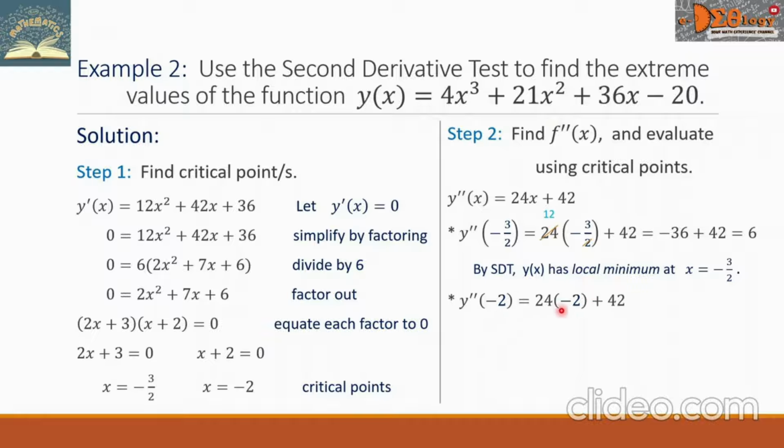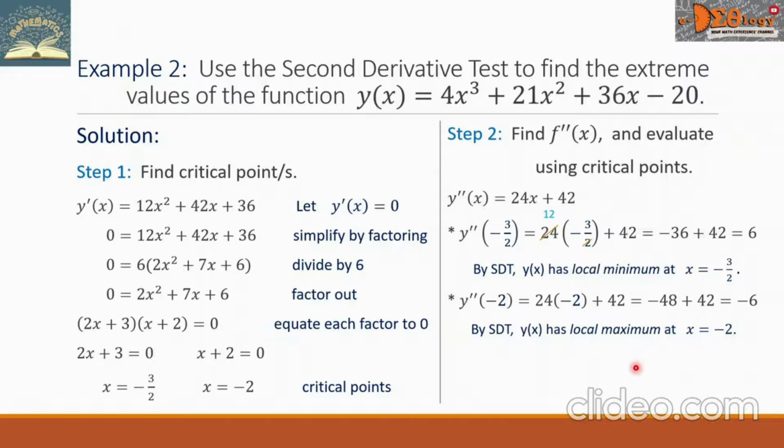So the function becomes 24 times negative 2 plus 42. 24 times negative 2 is negative 48 plus 42, we have negative 6. So the value is negative. By the second derivative test, the function y of x has a local maximum at x equals negative 2.